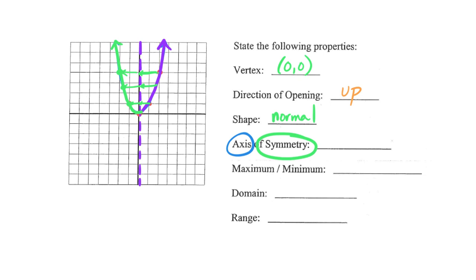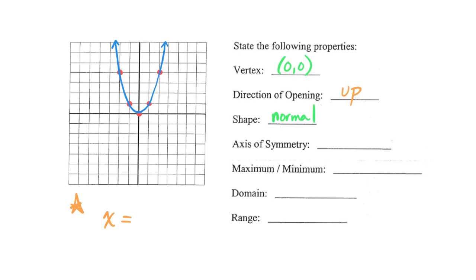So if I just got rid of all of that stuff that I just put on our parabola, then the axis of symmetry, since it is a line, requires the equation of a line to be written. That line that goes straight down the middle of my parabola, passing through the vertex, is a vertical line. And I hope we're good that all vertical lines take the form x equals, because the x-coordinate is the same everywhere along that line.